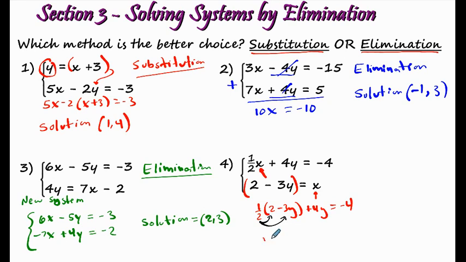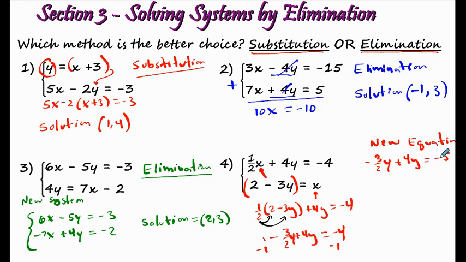This would give us 1 minus 3/2 y plus 4y equals negative 4. And now we see we can subtract 1 from both sides. So our new equation is negative 3/2 y plus 4y equals negative 5.